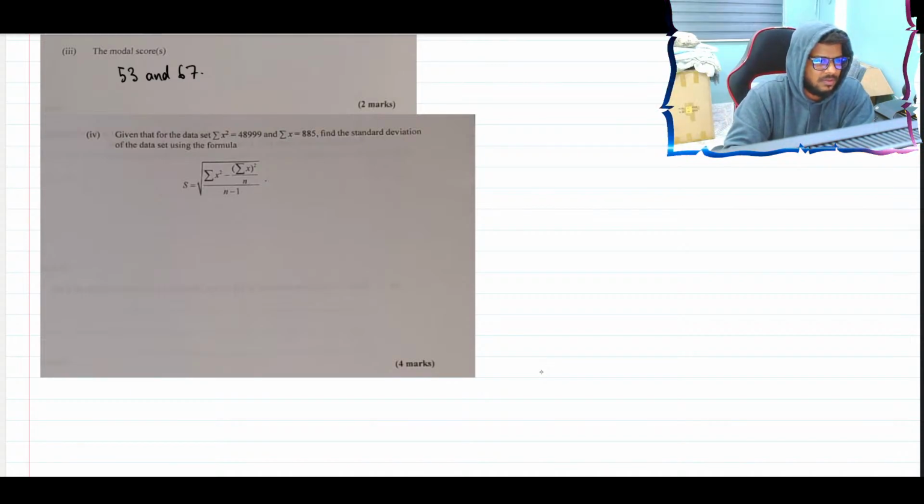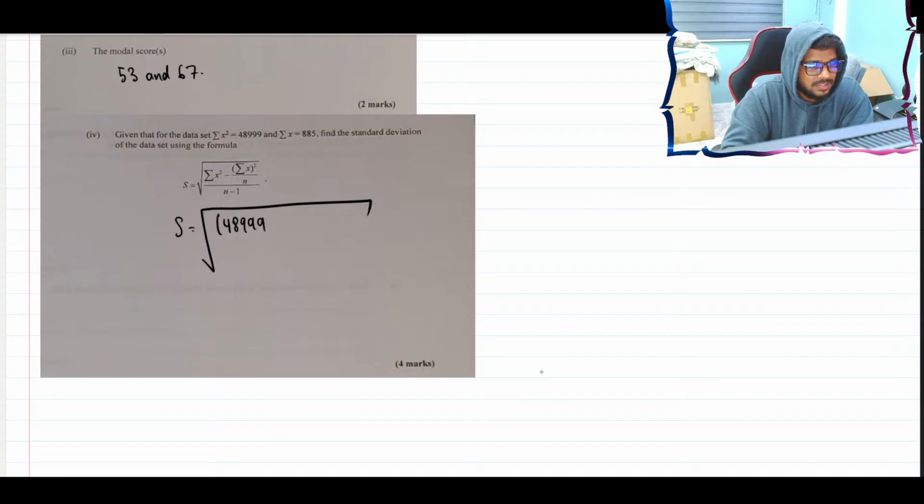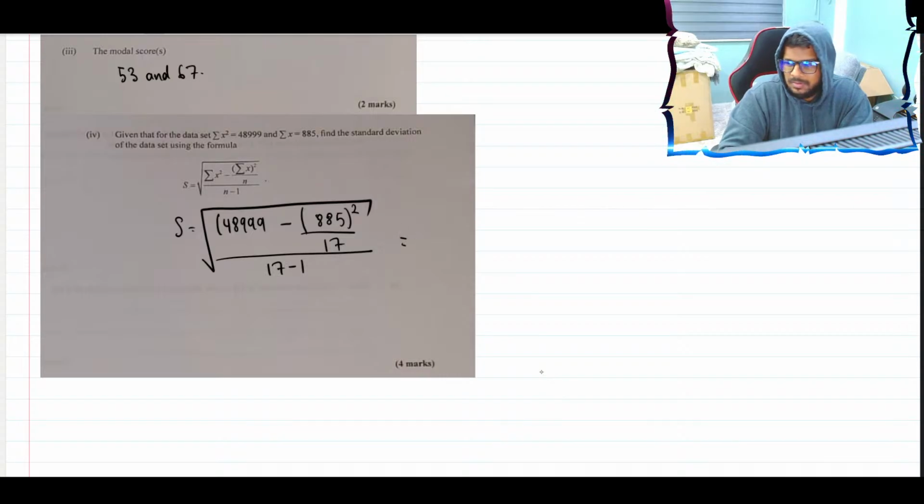All right, so S is the square root of 48999 take away this squared, which is 885 squared over n, which is 17, divided by 17 minus 1. So easy.